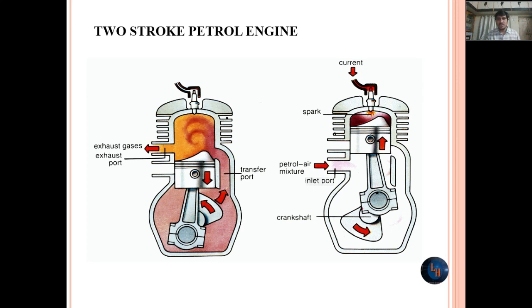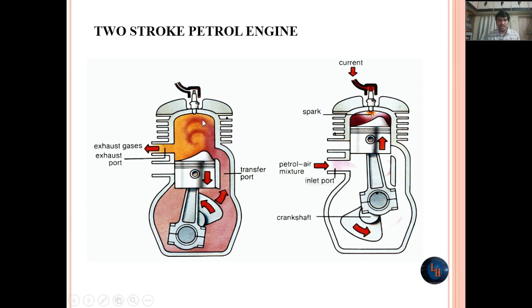With the combustion of the fresh charge, heat energy is produced in the cylinder. With the use of this high temperature heat and force, the piston travels from TDC to BDC.